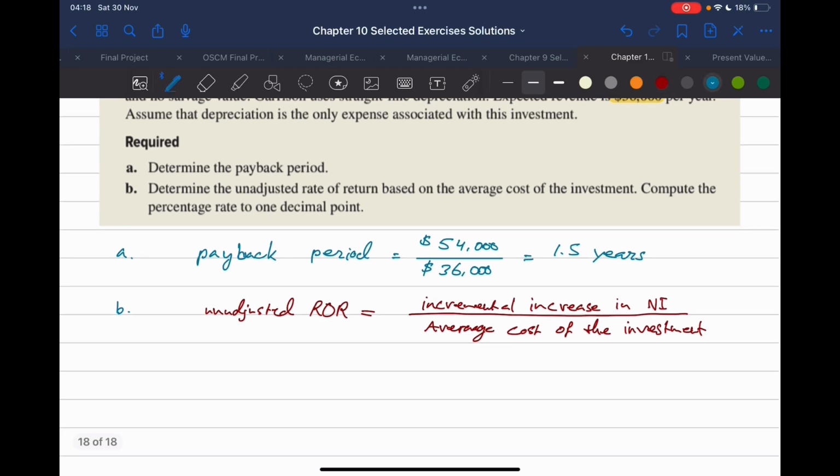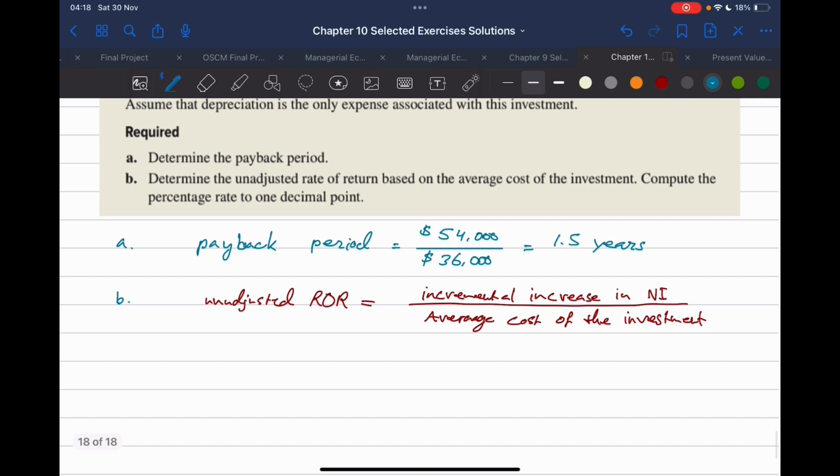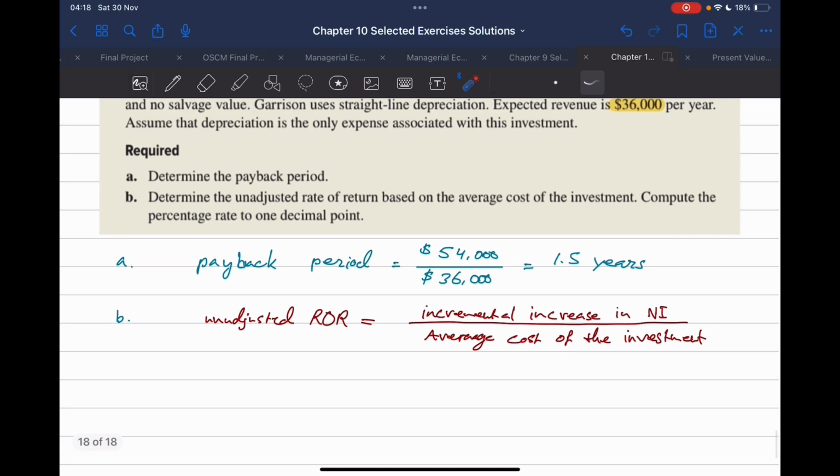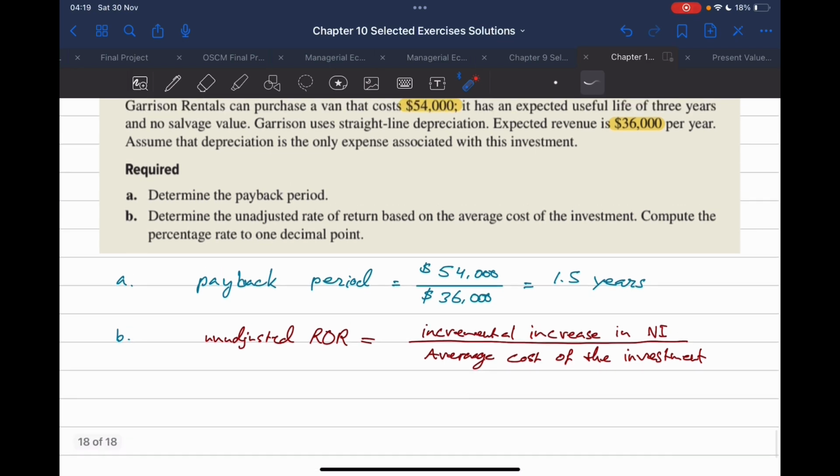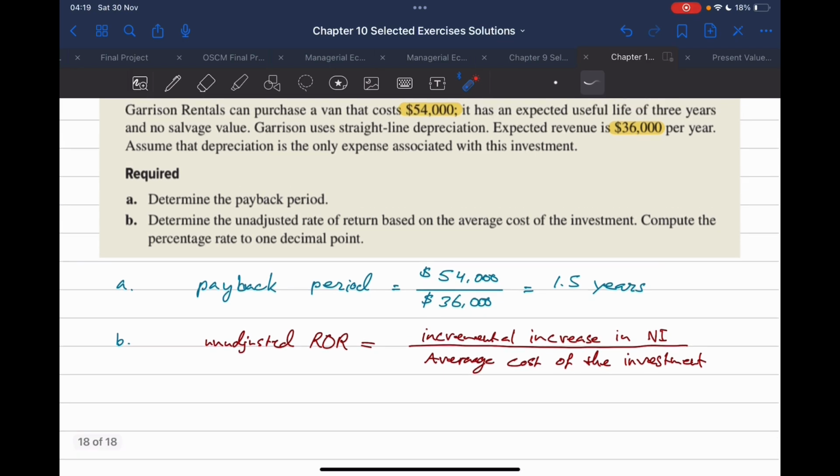All right. So knowing this, we can see that we need to know the incremental increase in net income and the average cost of the investment. Now, for the incremental increase in net income, we need to first consider the depreciation expense that is going to be incurred due to the acquisition of this equipment.